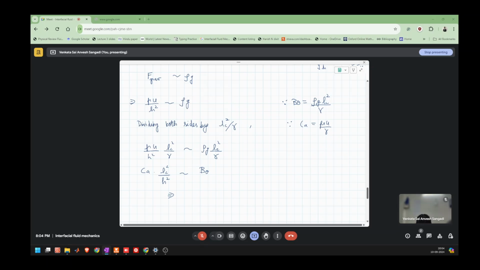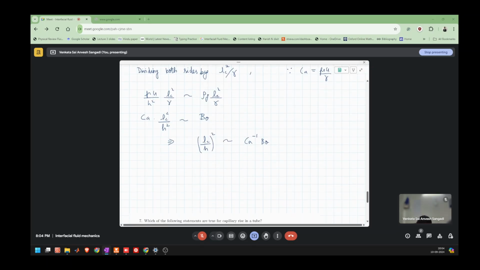This implies LC by h whole square scales as capillary number power minus 1 times bond number, which in turn means LC by h scales as capillary number power minus 1/2 times bond number power 1/2.